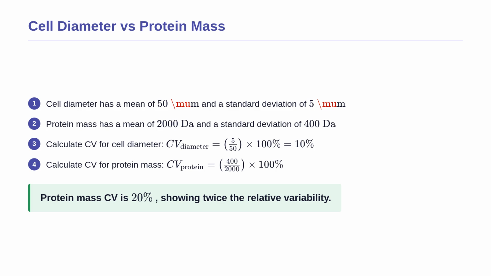For the cell diameter, we divide 5 by 50, giving 0.10, or 10%. For the protein mass, we divide 400 by 2,000, giving 0.20, or 20%. Even though the absolute standard deviation of the protein mass was numerically much larger, calculating the percentage proves that the protein mass is also relatively more variable compared to its own mean. It is twice as variable.